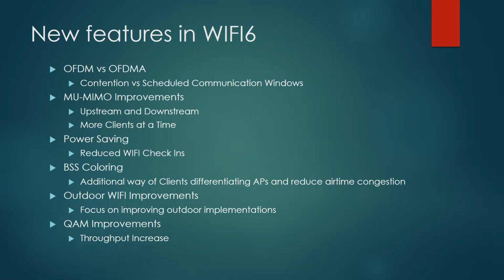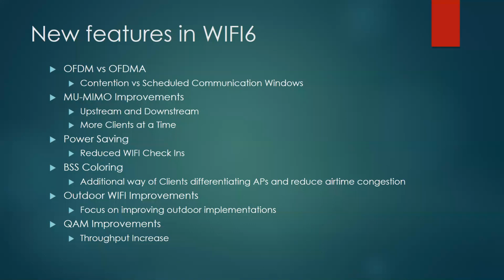We won't get too in depth, but it makes a big difference, especially on the 2.4 gigahertz band. There's so much noise and so much airtime congestion, so many things working on that 2.4 gigahertz band now. They've made some changes that will actually help make that a little bit better, with less airtime congestion, and make the signal that they do have available operate more efficiently. That's what that's for.